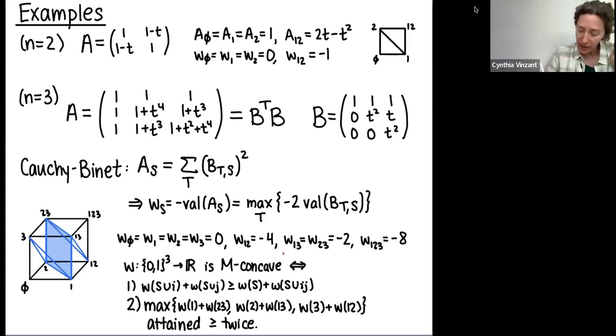In this case, because everything is positive, no terms can cancel with each other. And so the valuation of this sum is really just the maximum of the valuations of all of these minors of B, times the 2. And so then we can use this matrix, which is simpler, to figure out exactly what this vector of length 8 is, or the valuations of the entries of this vector of length 8.